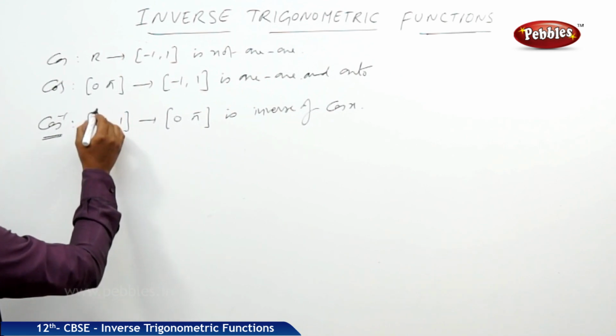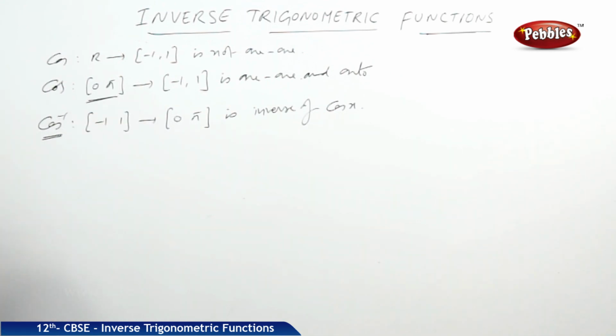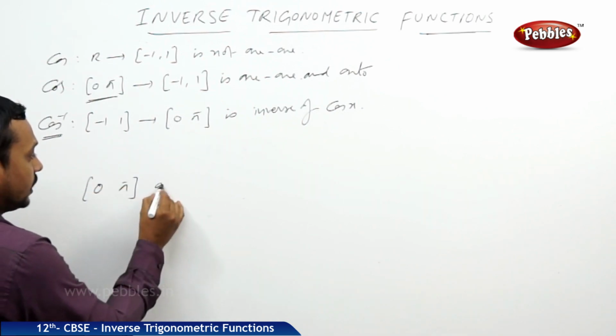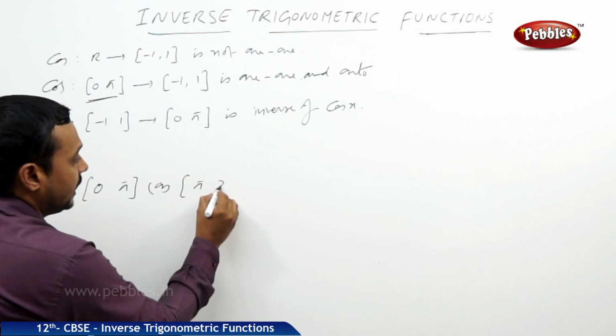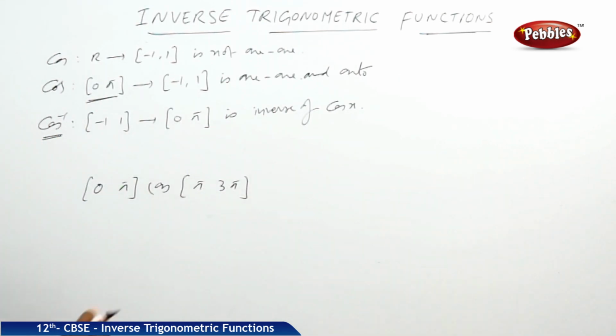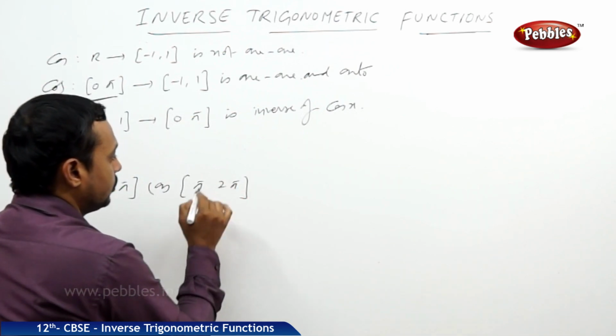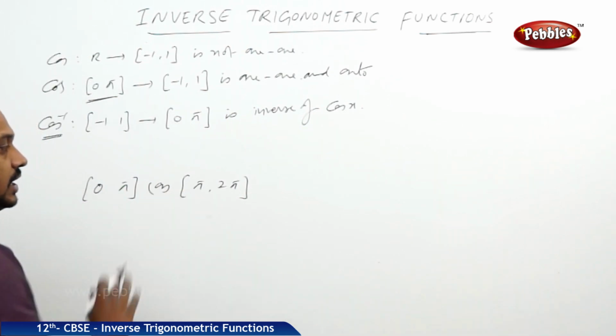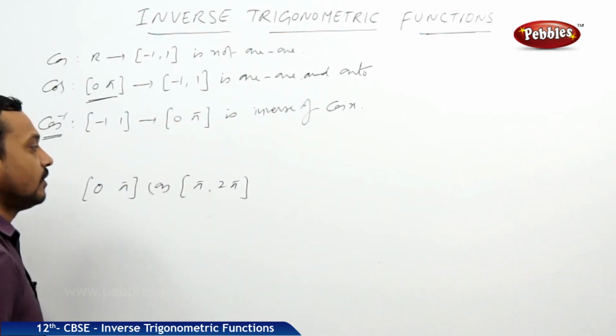Now here also, why can't we take other domains than 0 to pi? Of course, not only that, we can select the interval from pi to 2 pi. In that interval, yes, it is again one-one and onto.